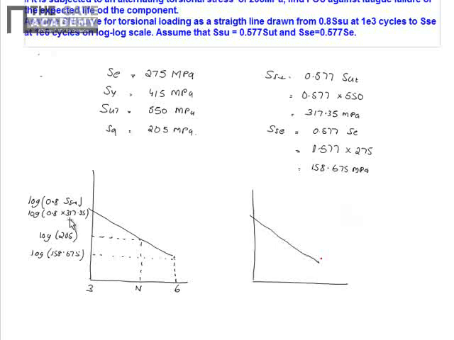So log of 0.8 into 317.35 is nothing but 2.4046, and this value here will be log of 158.675.